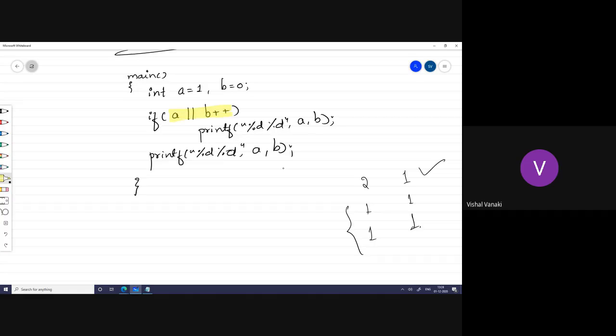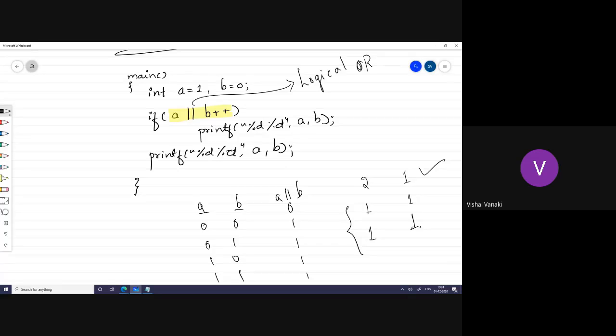First thing is, we need to understand what is happening in the condition. What is the operation we are doing? We are performing a logical OR operation, correct? So what is the OR table? Everybody knows that, right?